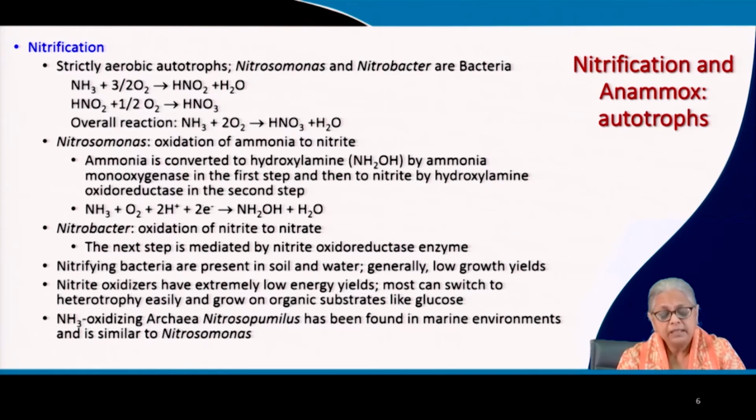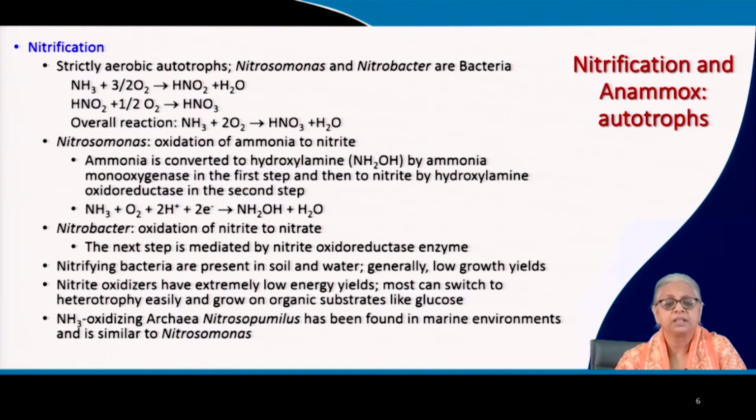Now, in many cases, it has been observed that these autotrophic bacteria can switch to heterotrophy if organic substrates like glucose are available. That's one point that has been mentioned in the textbook. Another thing mentioned in the textbook is about ammonia oxidizing bacteria across the three domains, bacteria, archaea and eukarya.